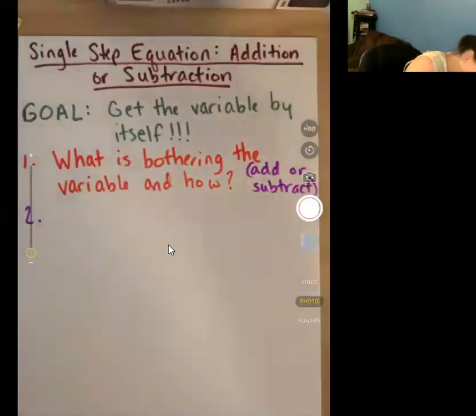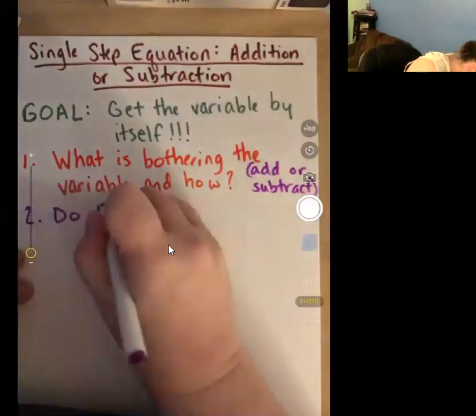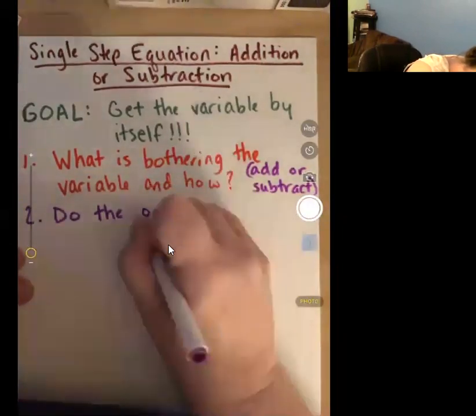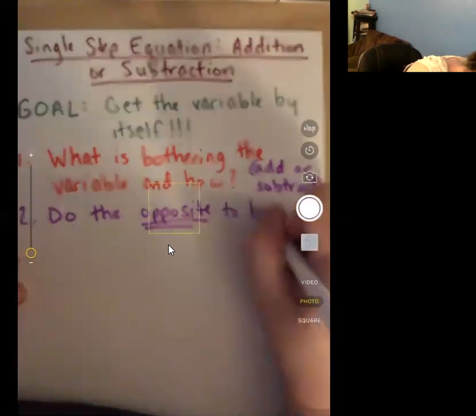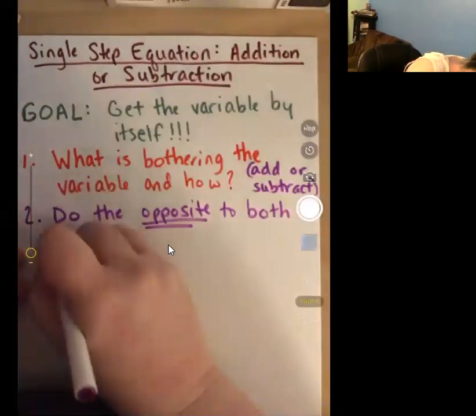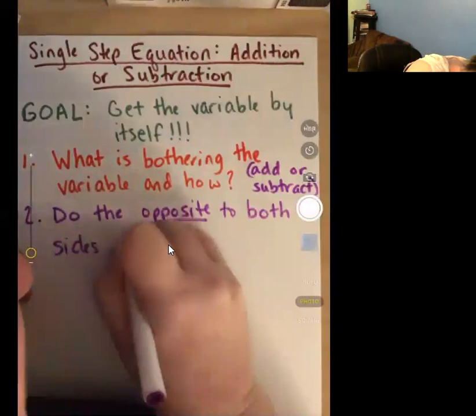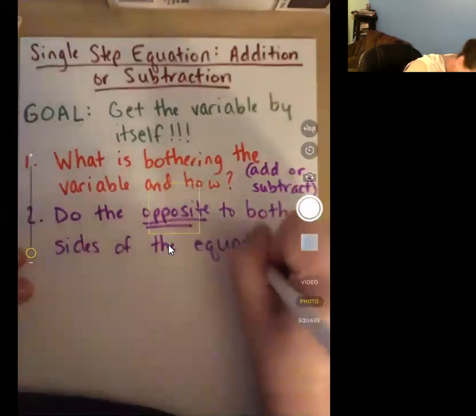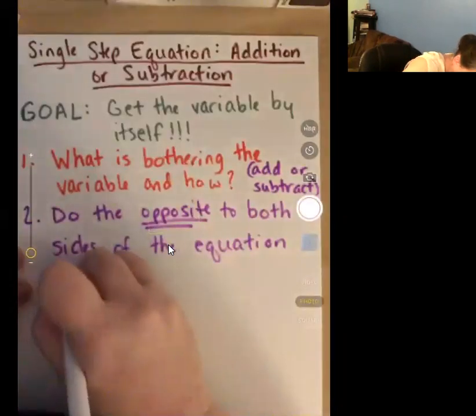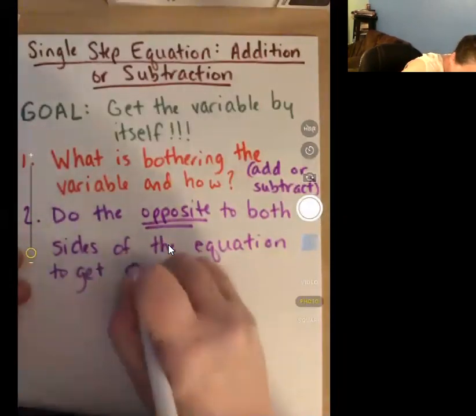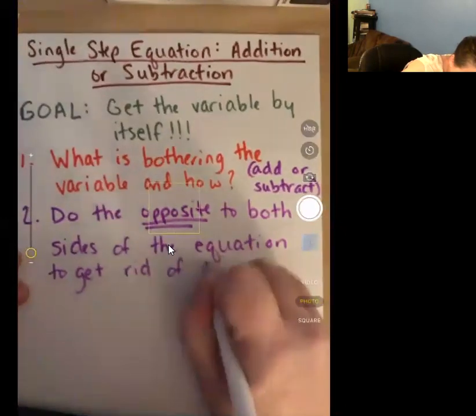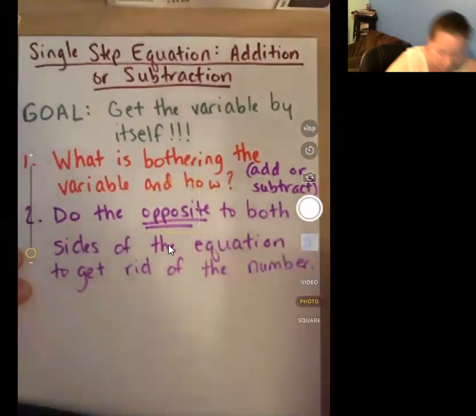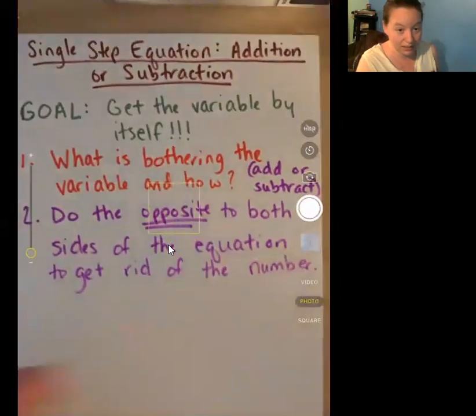Number 2, do the opposite to both sides of the equation to get rid of the number. So what does that mean?